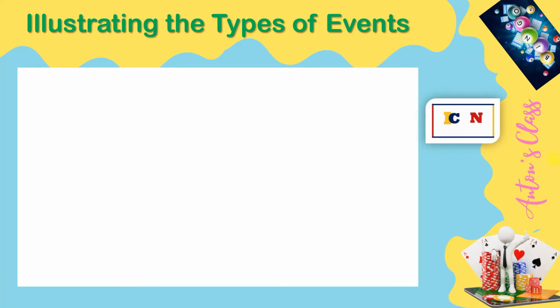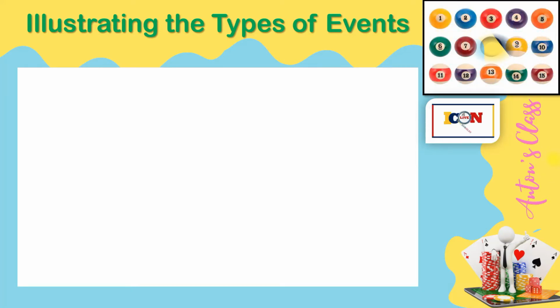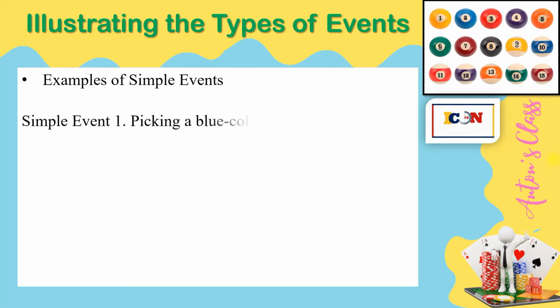Now illustrating the types of events. Let us make use of the balls in the billiard game. As you can see on the upper right corner, the balls are numbered from 1 to 15. Examples of simple events using the billiard balls.